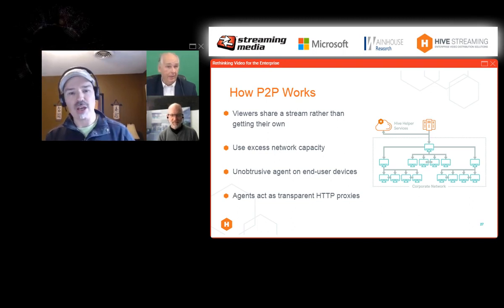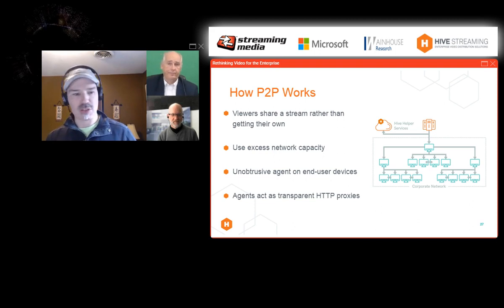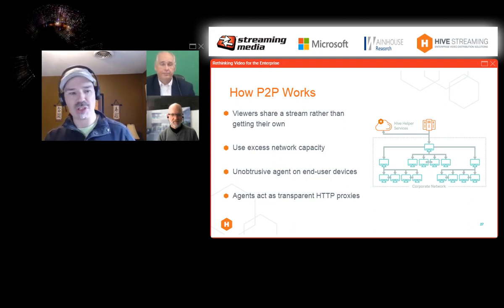And the way a peer-to-peer solution works is it uses excess capacity on the local area network. So we'll pull in a single video stream, say from a public CDN, provided as part of one of the other solutions we talked about earlier. Could be Stream, could be solutions from companies like TalkPoint, On24. We'll pull in a single unicast stream into the network.